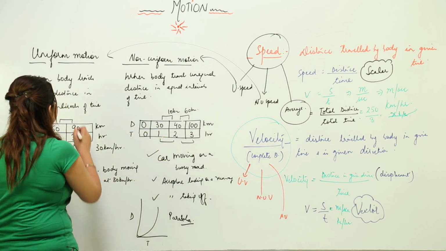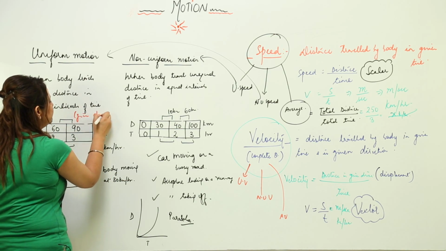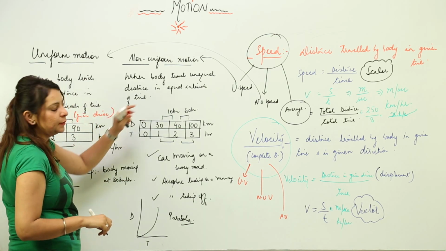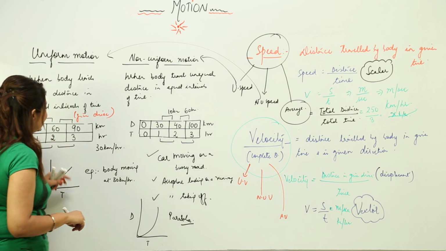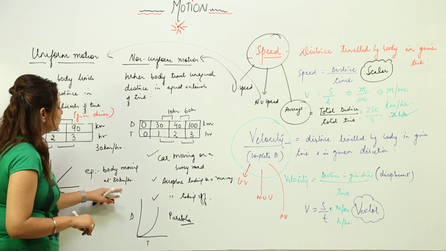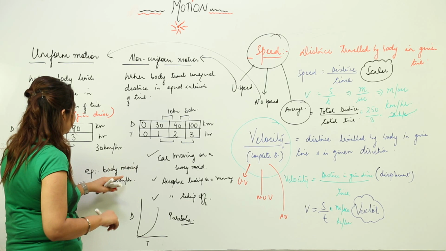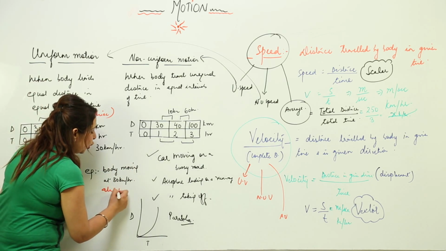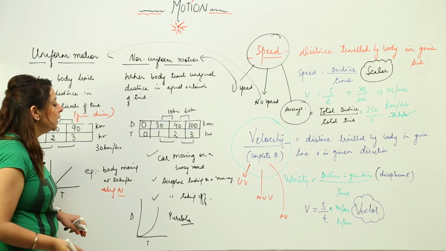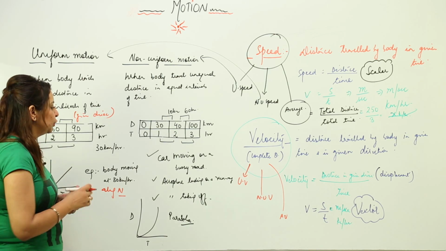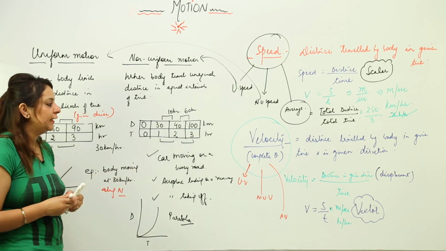So whenever you write in given direction, it becomes uniform velocity, and the same in this case. And in the example also you need to specify the direction: a body moving at 30 km per hour along north, south, whatever you can write. Similarly here you need to specify the direction.